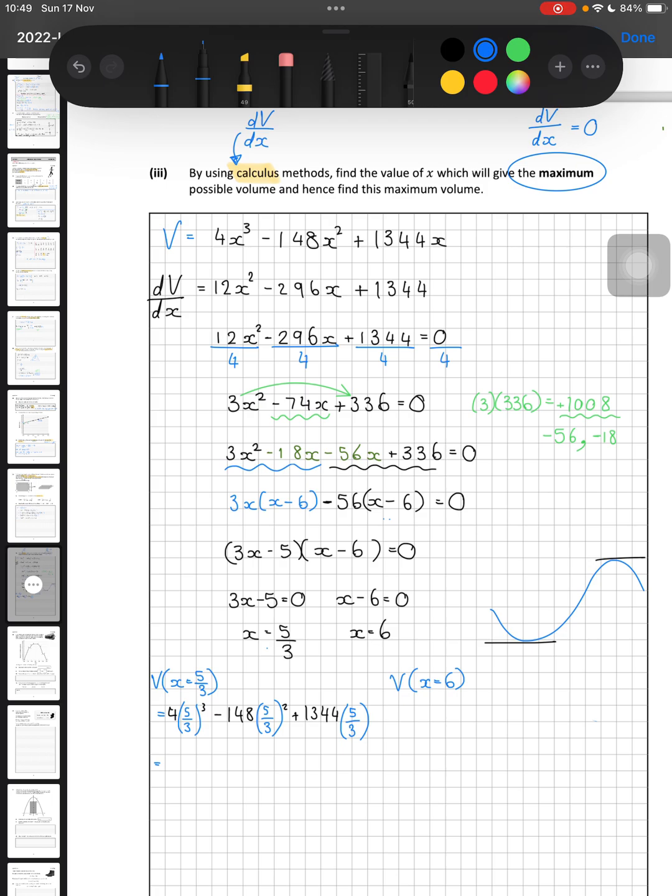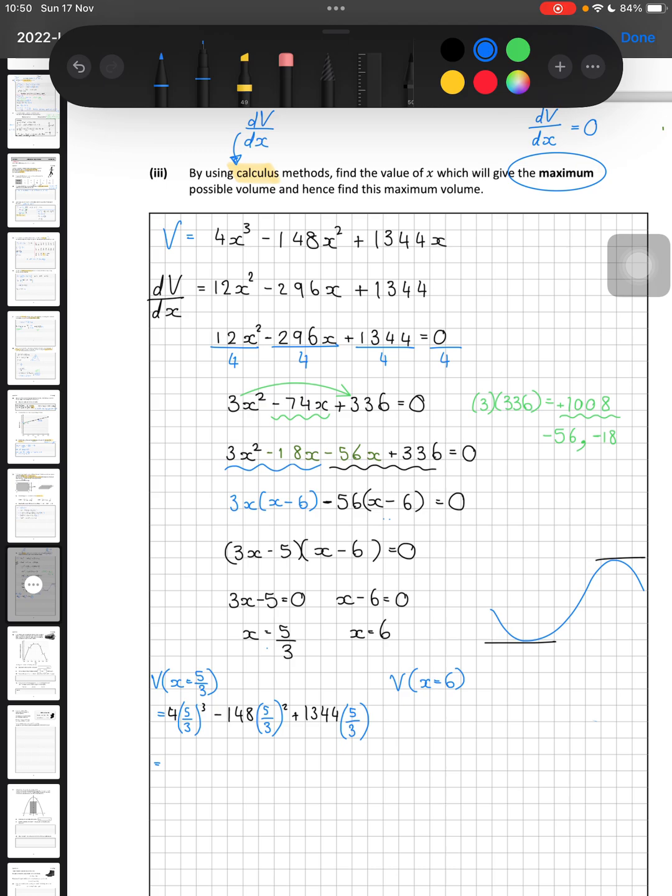So I'll just put all that into my calculator. So 4 by 5 over 3 cubed. I'm literally putting it in bit by bit in my calculator.